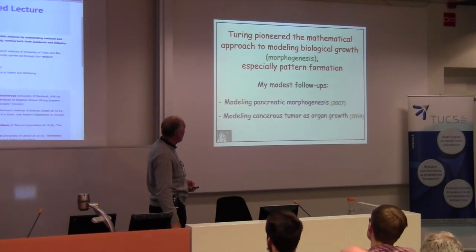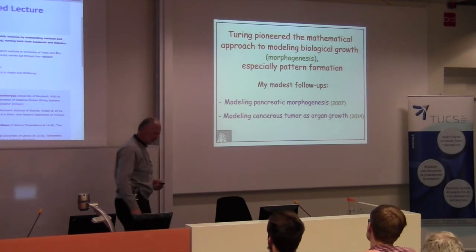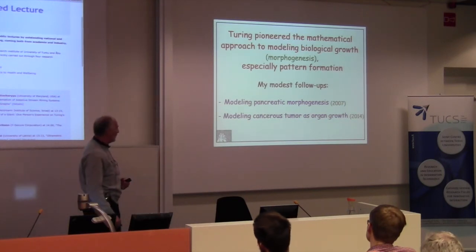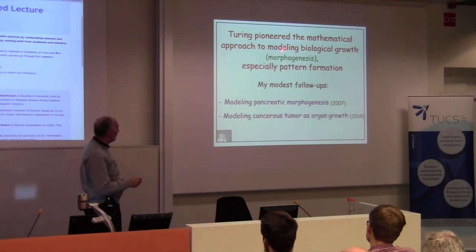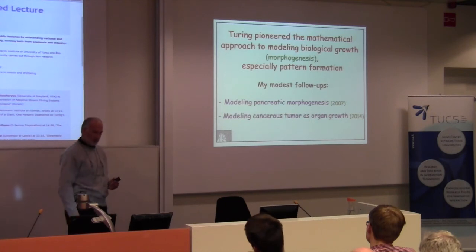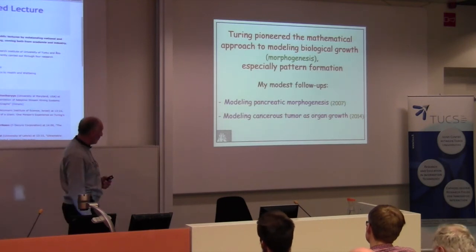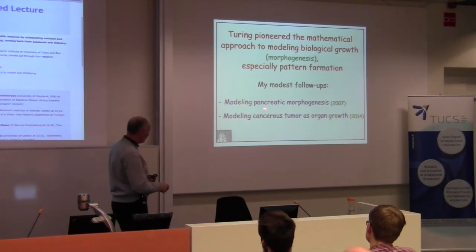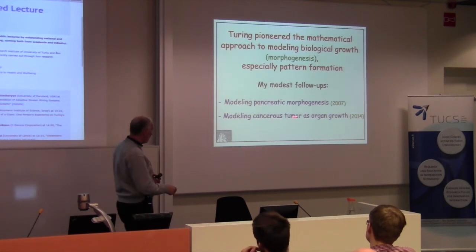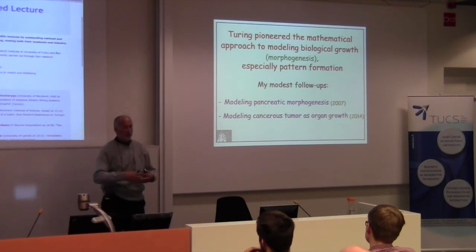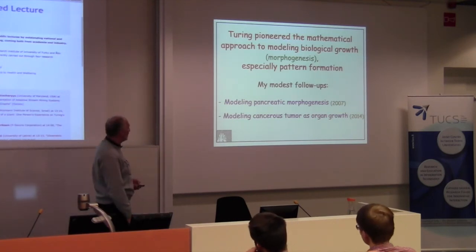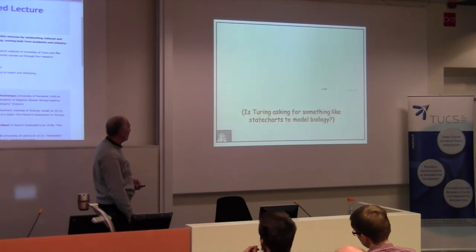And I've done quite a lot of work on biological modeling using computational methods, but the two projects that I've been involved in, which I think can be thought of as direct modern-day continuations of Turing's approach, are modeling the growth of the pancreas, and more recently, just finished last year, modeling the growth of a cancerous tumor, again as morphogenesis, and I'll try to show you a little bit of those.